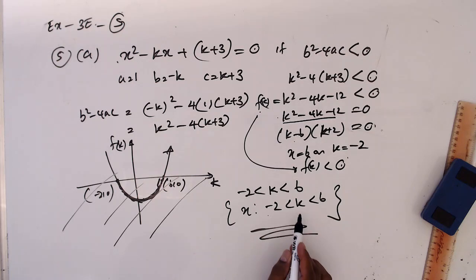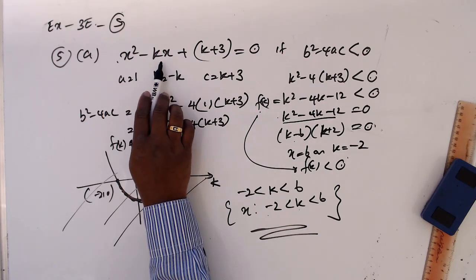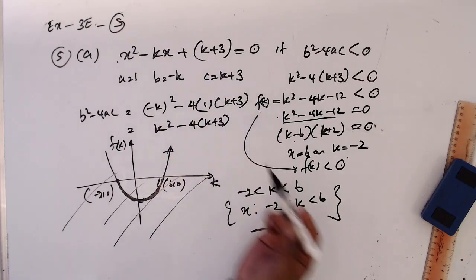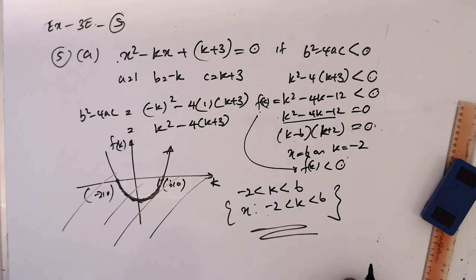If you pick up any value, you can take k equals 0. When you substitute, this becomes x square plus 3, which doesn't have roots.